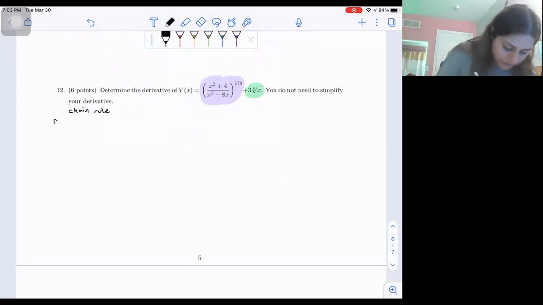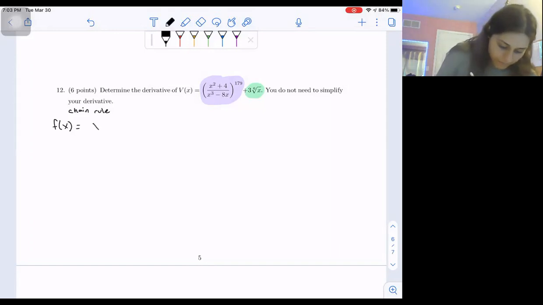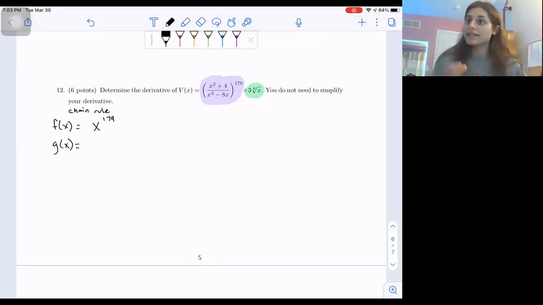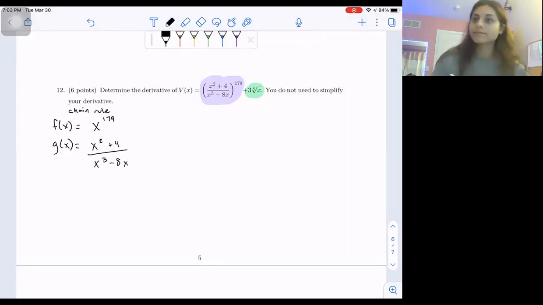So outside is f of x, and that would be x to the power of 179. We're going to leave that inside stuff for g of x. And to replace that x, we have g of x, which is the inside stuff, and that's x squared plus 4 over x cubed minus 8x.